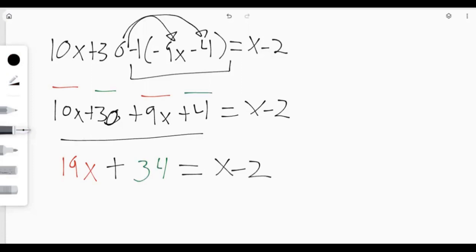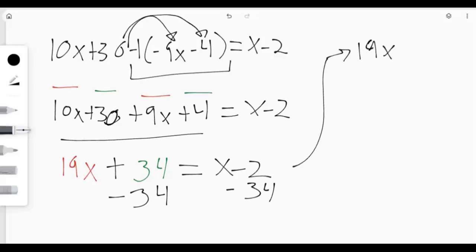Let's isolate this 19x on our left side as much as we can. By doing that, we can subtract 34 from both sides. We have our 19x minus a negative 36, because negative 2 minus 34 is in fact negative 36.